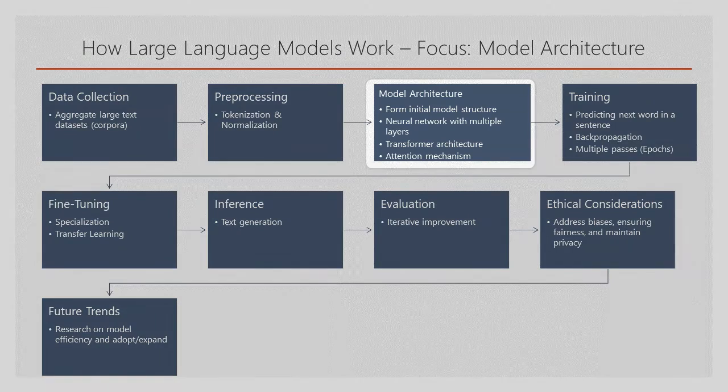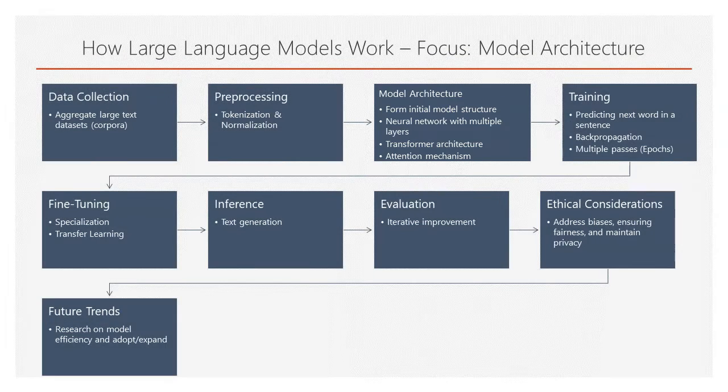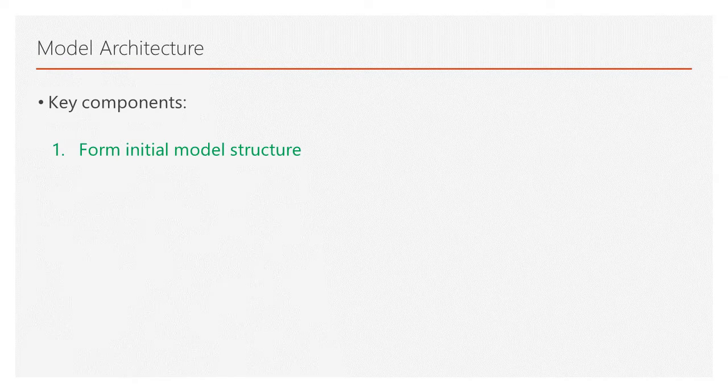Now, let's discuss the third step in the process, that is defining the model's architecture. So, with the preprocessed data ready, the next step is to form the model's architecture. The key components are: 1. Forming the initial model structure, that is, establishing the basic framework of the neural network. 2.